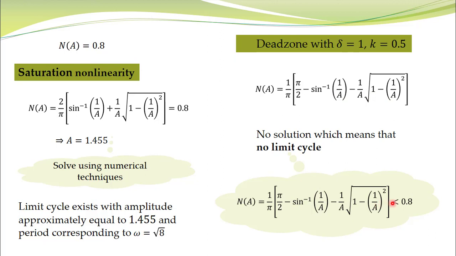No solution means there is a high probability that no limit cycle will exist in that particular system with dead zone nonlinearity.